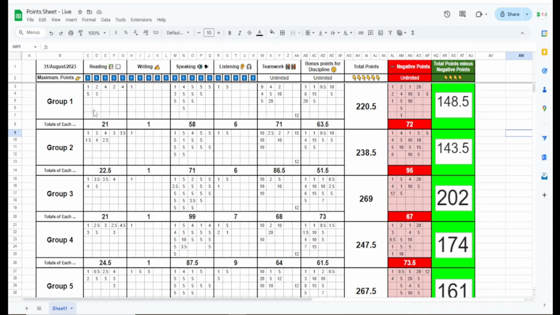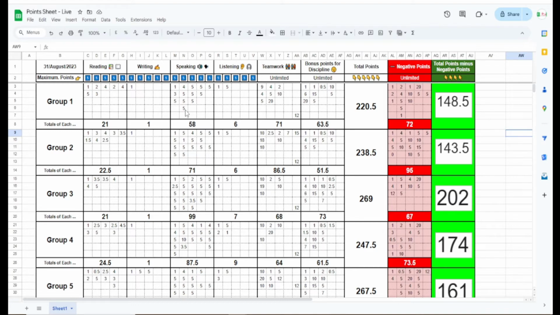Every time, we do different activities in the classroom. For all those activities, there will be a lot of listening, speaking, writing, and in some cases reading, and in some other cases teamwork, where they have to work together in groups.